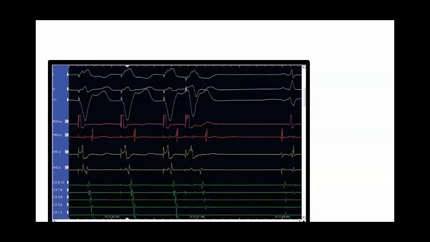What's meant by decremental conduction is that with an increased rate of pacing or with a shorter S2 interval, I have a longer conduction time. Longer conduction time means the distance between the V and the A is prolonged. And this increases the probability that the conduction is occurring via the normal conduction system.